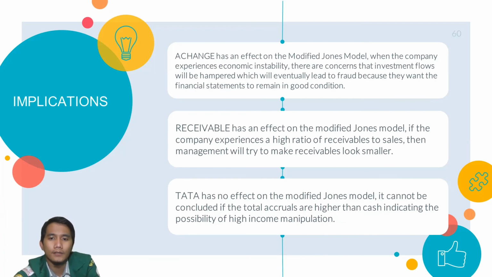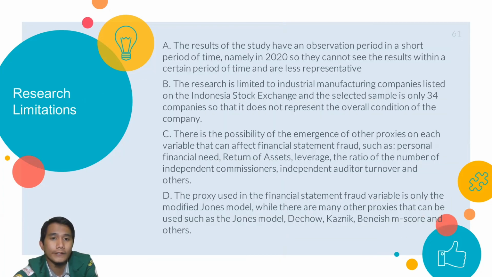Receivable has an effect if the company has a high quantity of receivables to sell, then management will try to make receivables look small. And total accruals higher than cash indicate the possibility of manipulation.